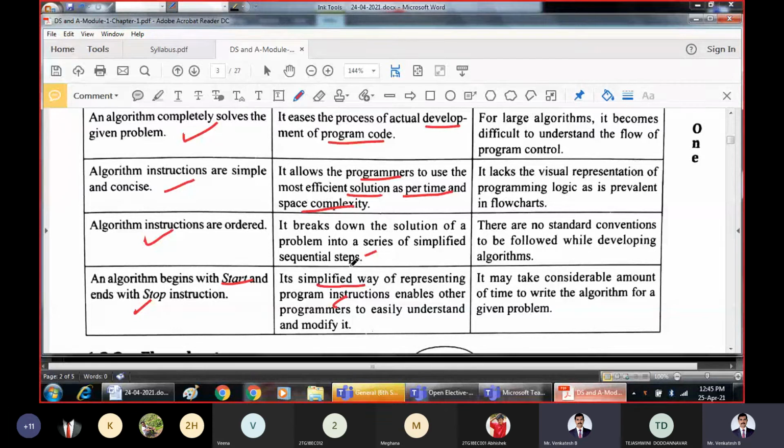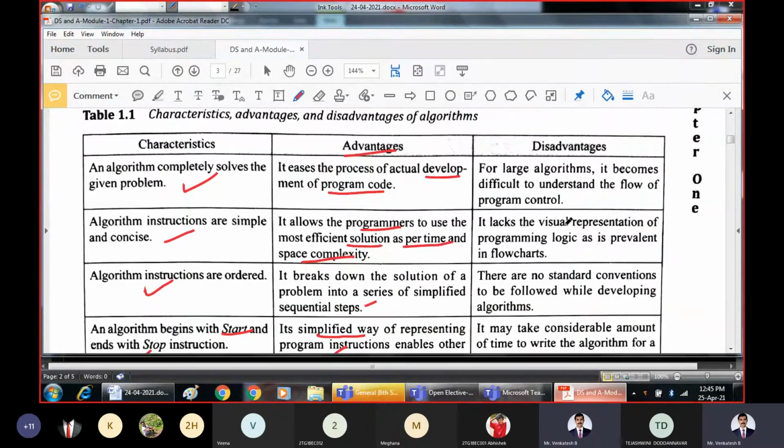Preparing a tea is a problem given to you, and for the solution you follow a step-by-step procedure. First you pour water into a bowl, then sugar, then tea powder, and finally milk at the end. That is one predefined procedure that you follow to find the solution for the given problem.